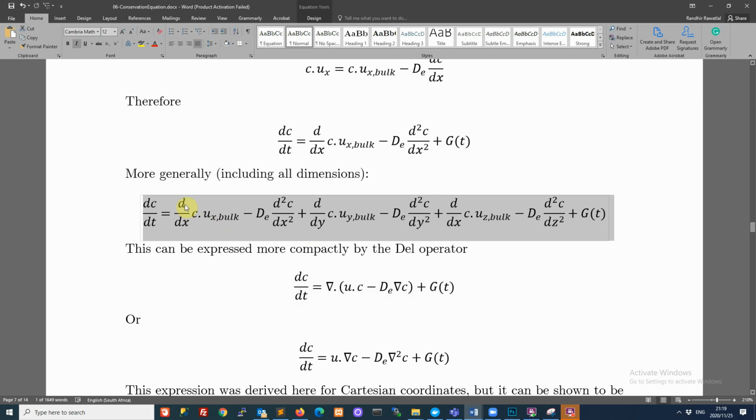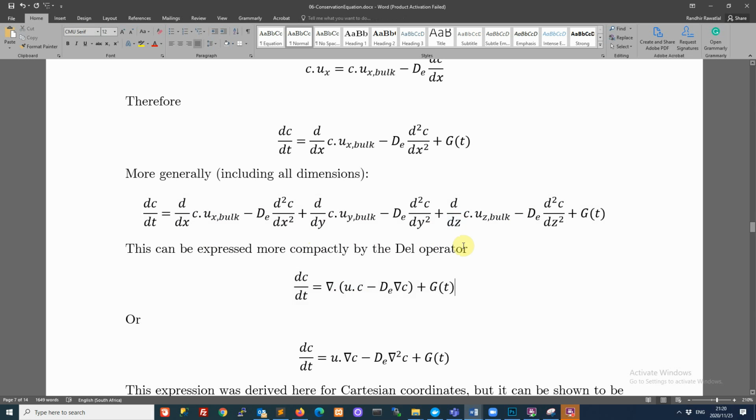So you can see here d dx, d dy, and d dz. Let's see, is there an error here? Yeah, this should be a z, not an x, right? So that's a d dz. So that's nothing but the del operator. So we can say del of uc. And then you've got the second derivatives here, which you can think of as two applications of the del operator. So it's the del of the del that gives us the second derivative.